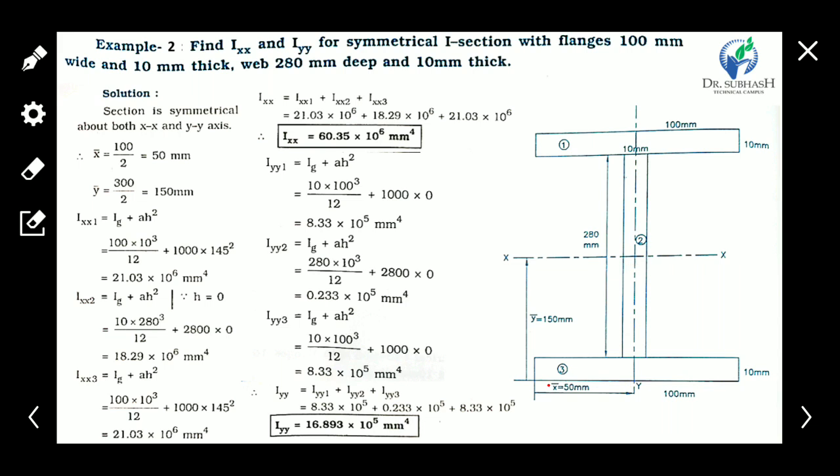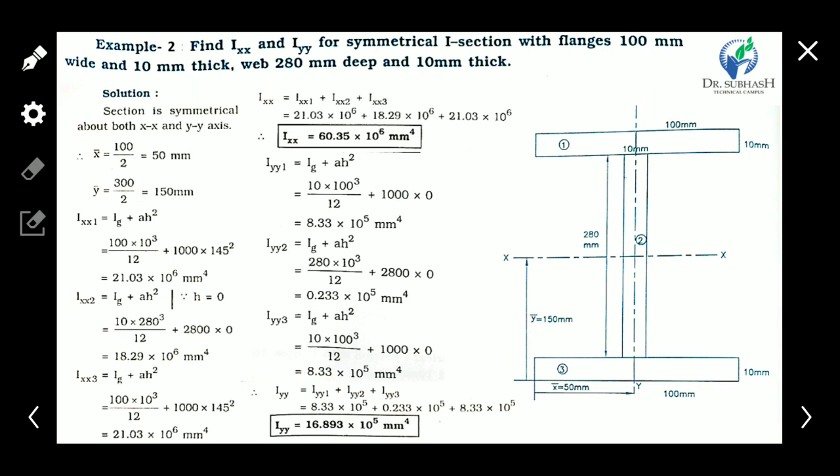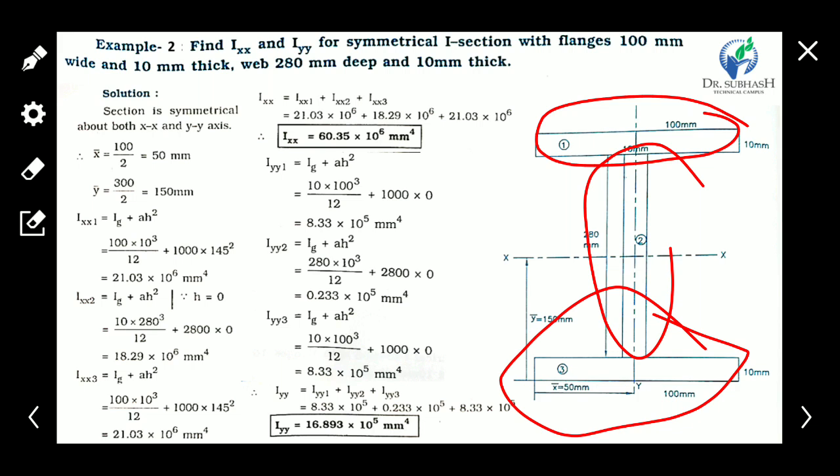So from this corner x bar is 50 mm and y bar is 150 mm. Now we know how to find the moment of inertia of a compound section. We first find the moment of inertia of each individual element, and after that take the summation of all the elements' moments of inertia to find the total moment of inertia.